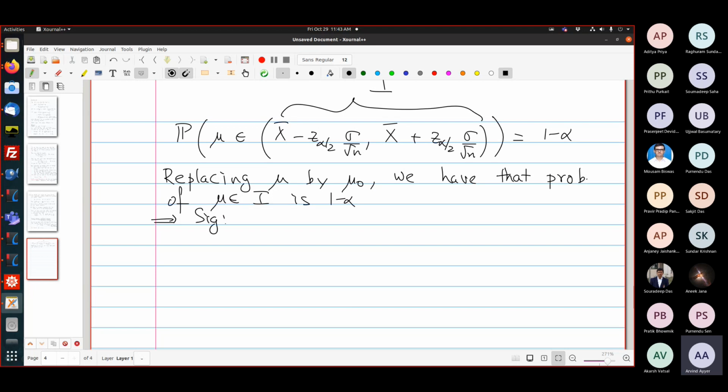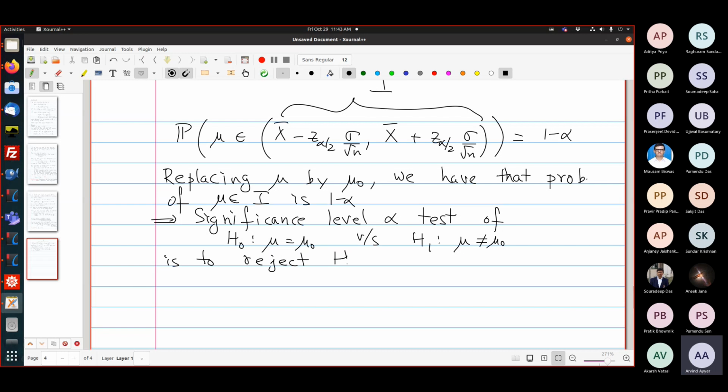From there we derive that the significance level alpha test of H naught, which is mu equal to mu naught, versus H1, which is mu not equal to mu naught, its negation, is to reject H naught if mu naught does not belong to I. Right?